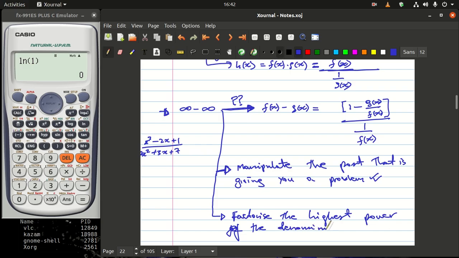So if you have a denominator, in that case you just factorize the highest power of the denominator if you have rational functions.